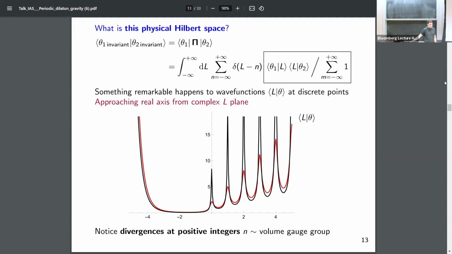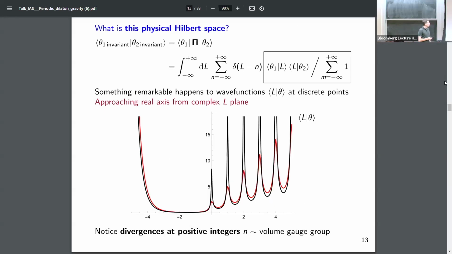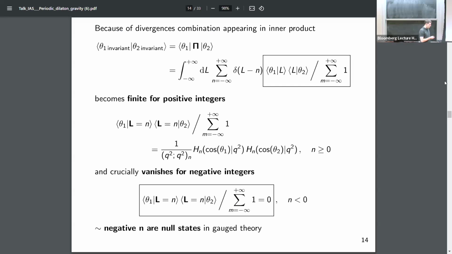After projection, there's still some null state inside the Hilbert space. Yeah, let's discuss this in the next slide.